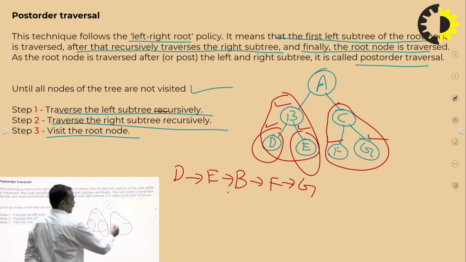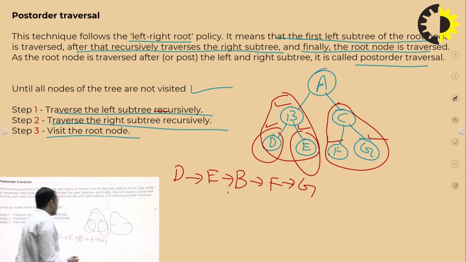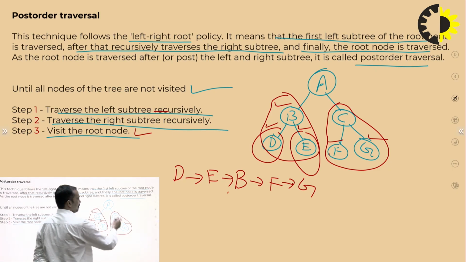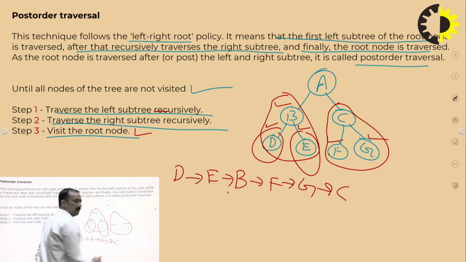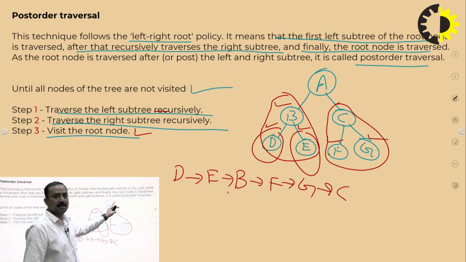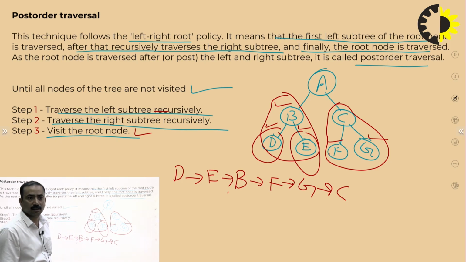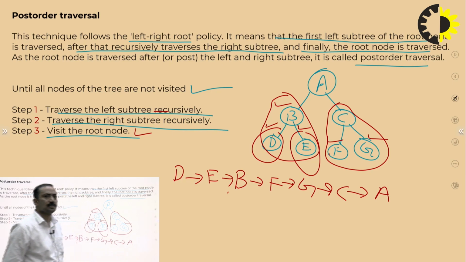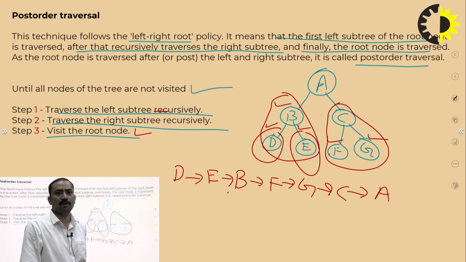So we have visited F, G. Now we visit the root node of this subtree, C, and all this left subtree and right subtree is visited. Now the turn is for A. So this is called post order traversal.